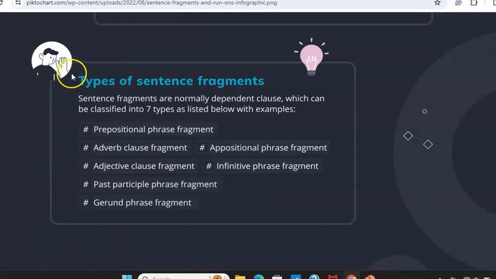And finally, the infographic summarizes types of sentence fragments. Again, this is cognitive overload and lacks the pre-training principle, because many people who don't know what a sentence fragment is are not going to know what a prepositional phrase is, and it's really superfluous information.